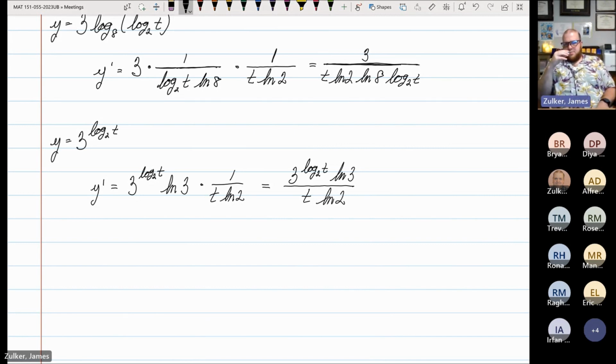Okay. Right. I could keep going with exponential and logarithmics for another 10 minutes. But I feel like we've done enough of those types of problems.